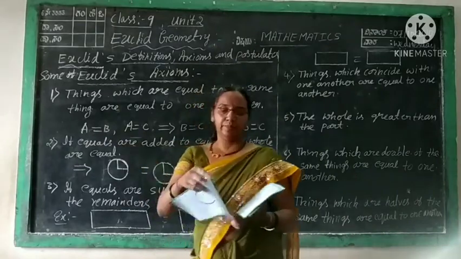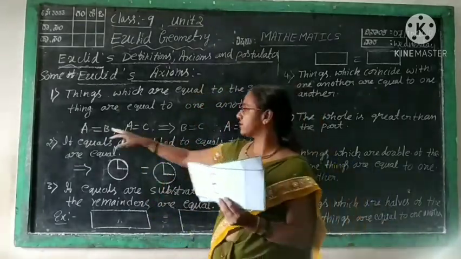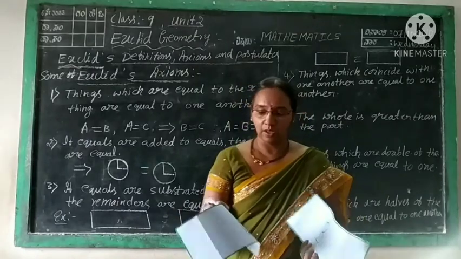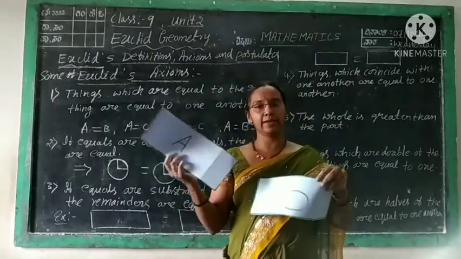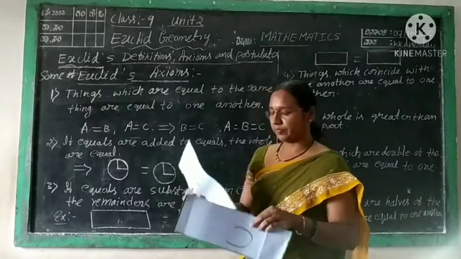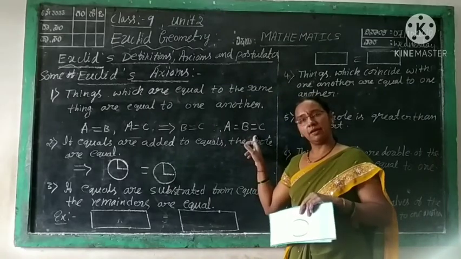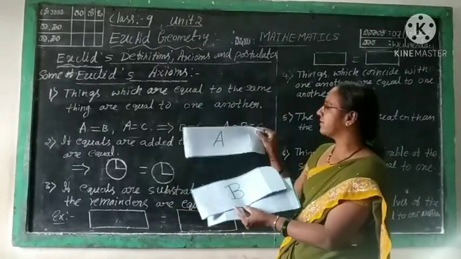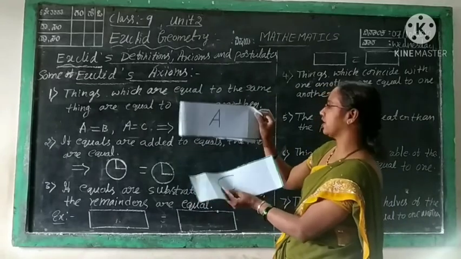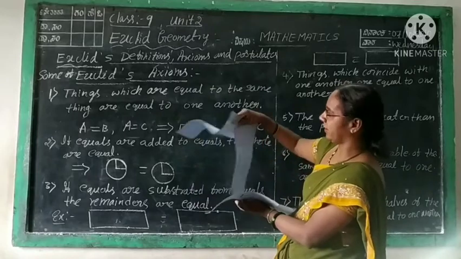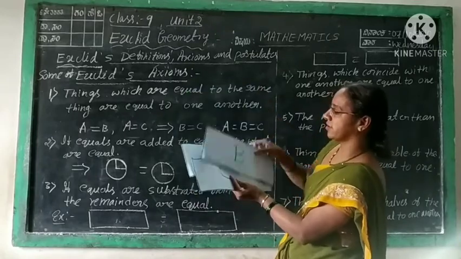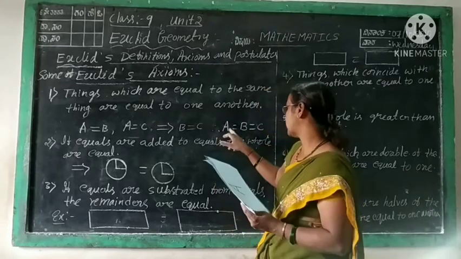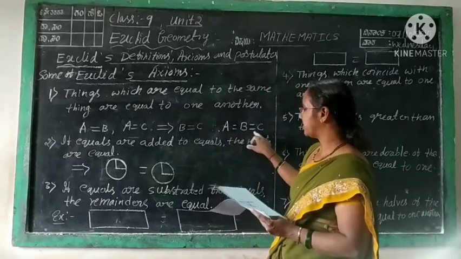Rectangle A equals rectangle B, and rectangle A equals rectangle C. So all three rectangles are equal: A is equal to B, B is equal to C, and A is equal to C.